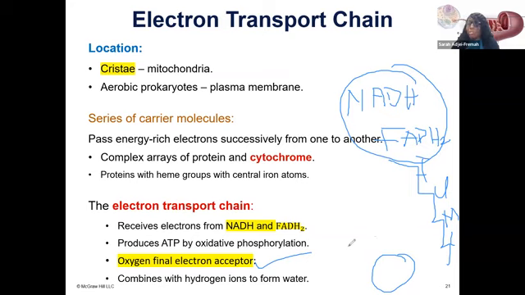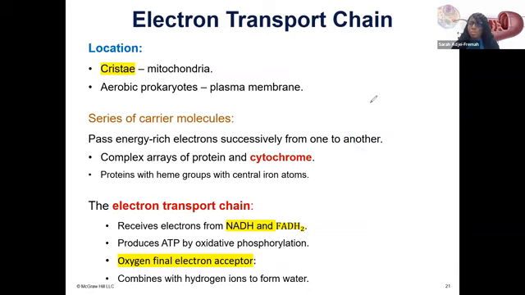And then it can help generate for us ATP through oxidative phosphorylation as it pumps hydrogen ions through the ATP synthase enzyme to generate for us a lot of ATP energy for us to be able to use. So just a quick recap.